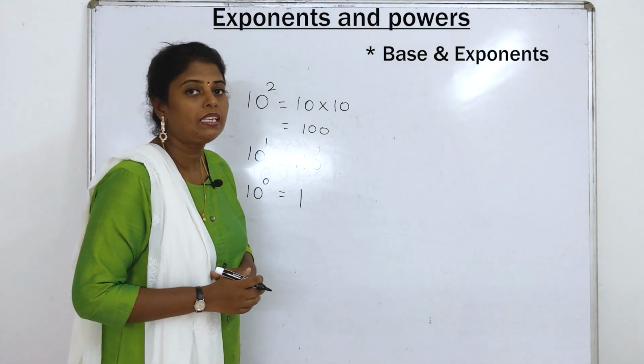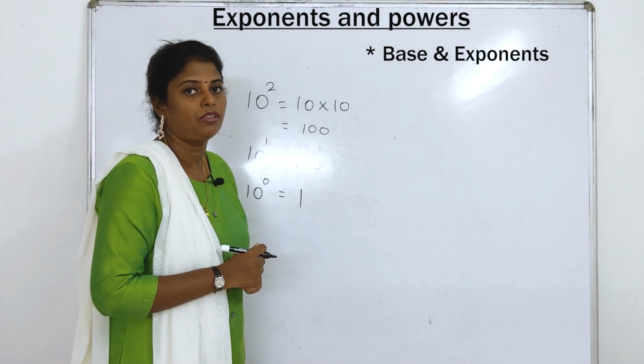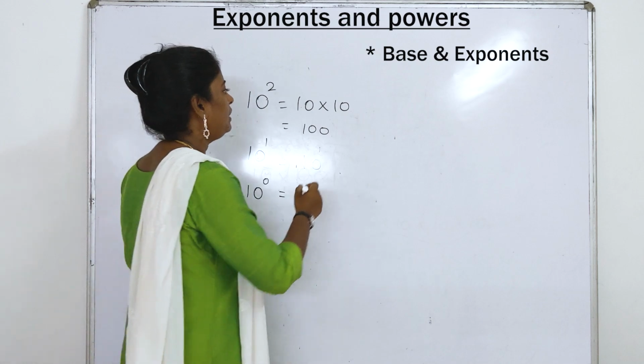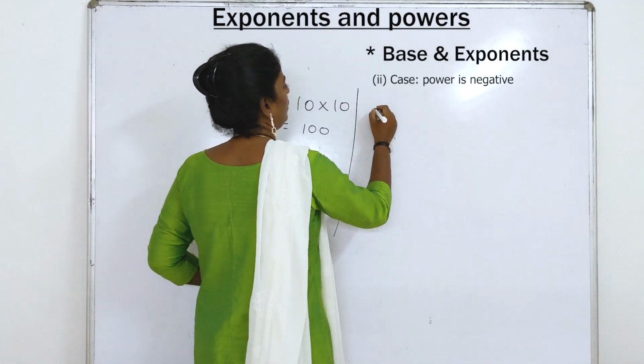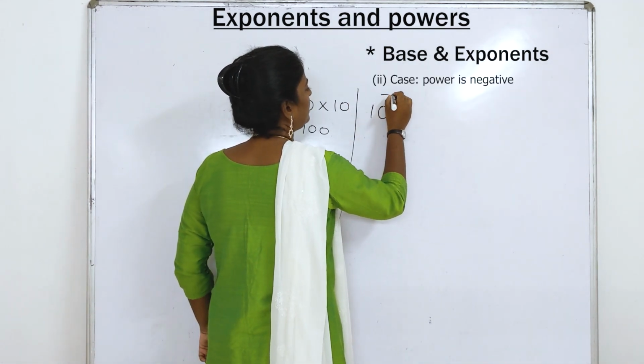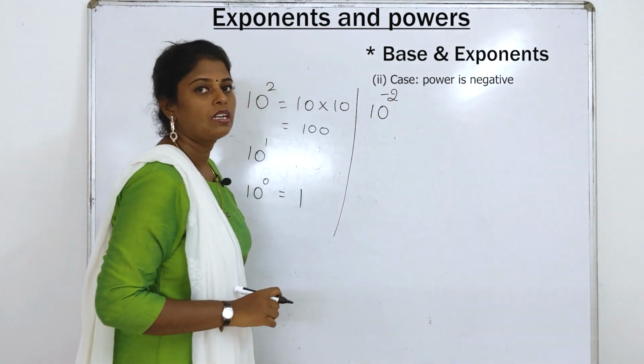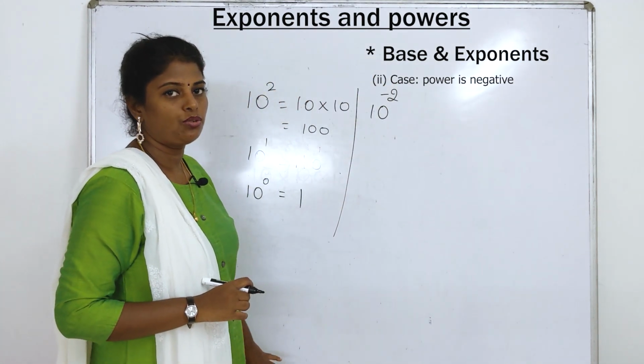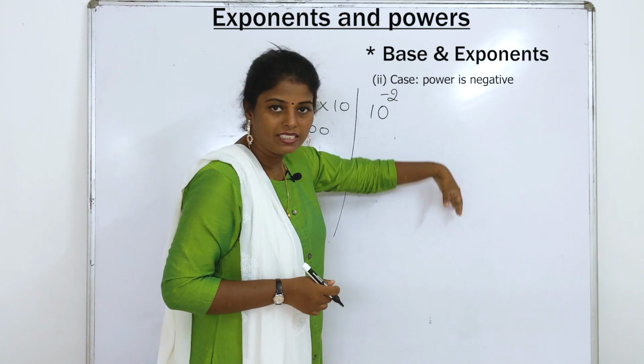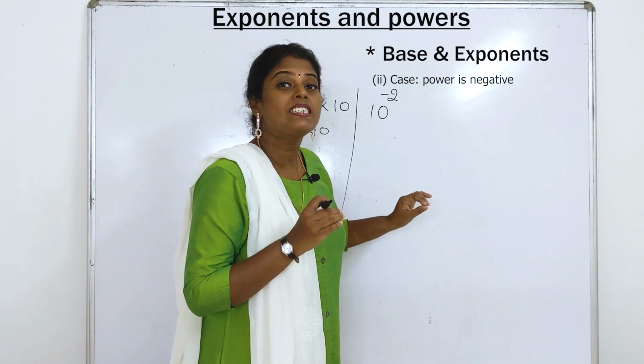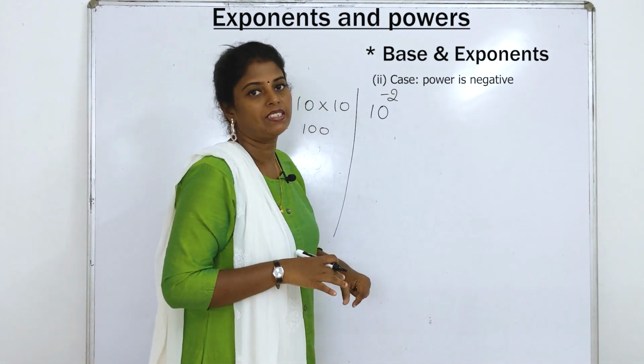What happens if we have a negative power? For example, if we have 10 to the power minus 2. If the power is negative, just reciprocal the base.